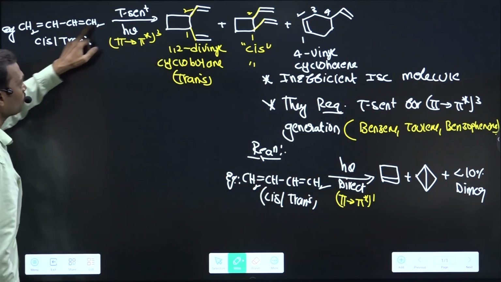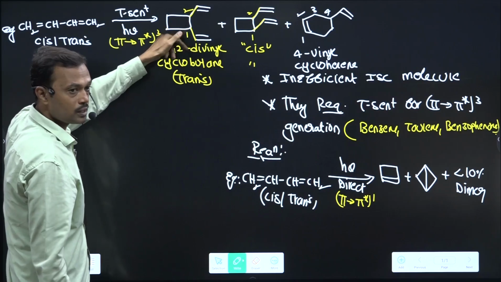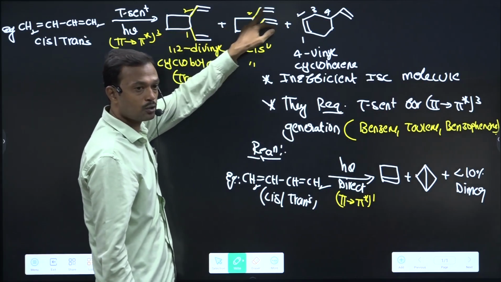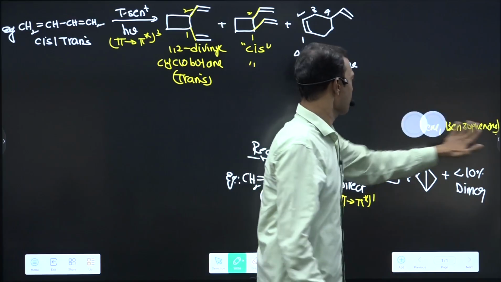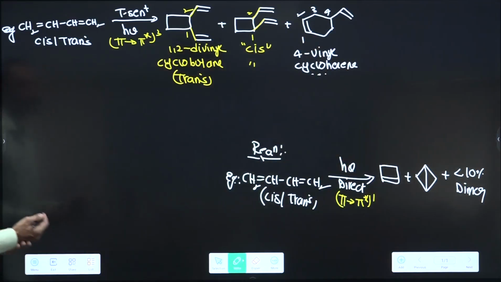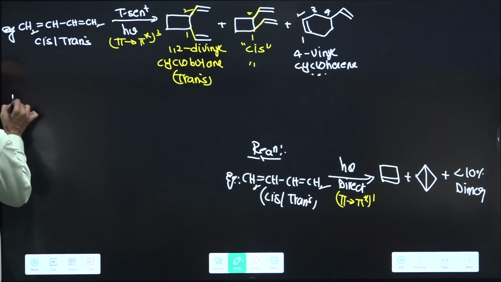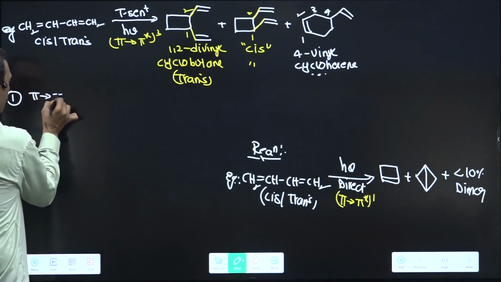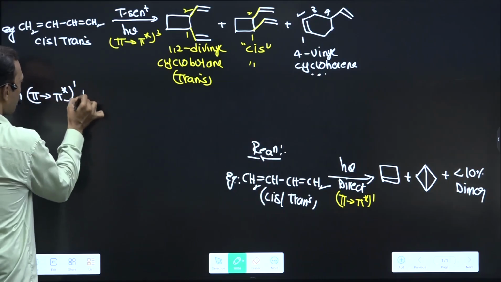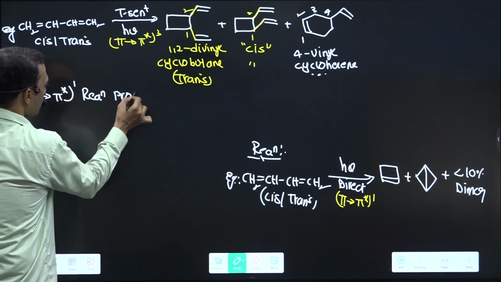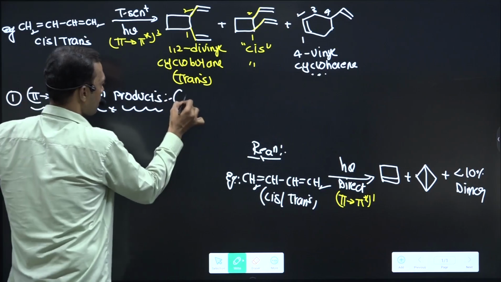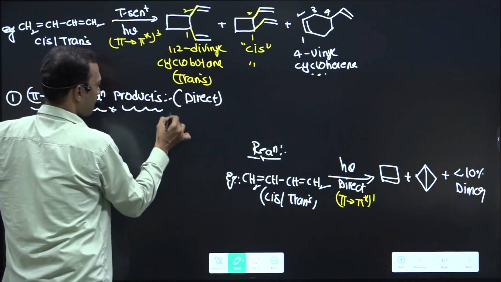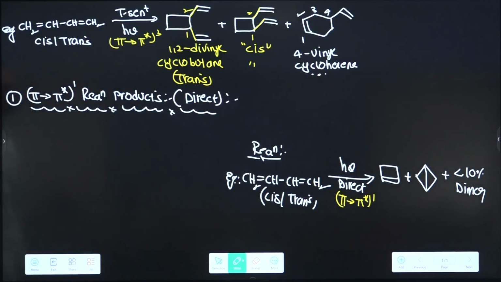But whenever you take a triplet molecule, you will get trans 1,2 divinyl cyclobutane, cis 1,2 divinyl cyclobutane, and 4-vinyl cyclohexene. Now we are discussing this one first.